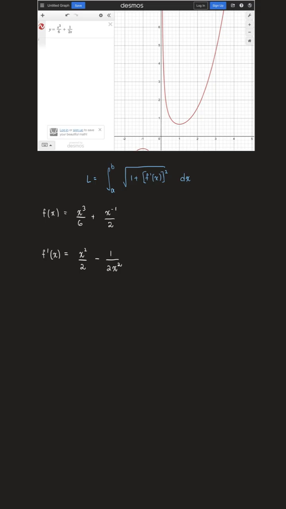Okay, now let's square this derivative, and this is a binomial, which means that we'll have to use the distributive property when squaring a binomial. So we've got x squared over 2 minus 1 over 2x squared, and this entire binomial is going to be squared. I'll just remind you here that when we square a binomial, we end up with 3 terms when we apply the distributive property.